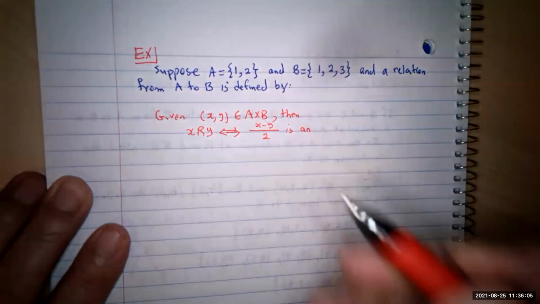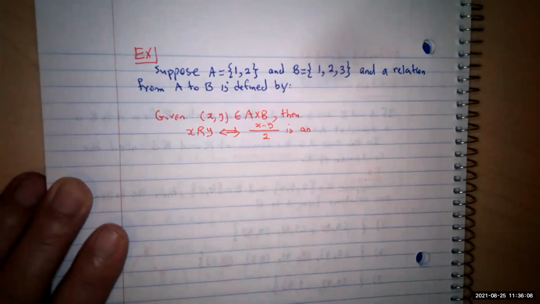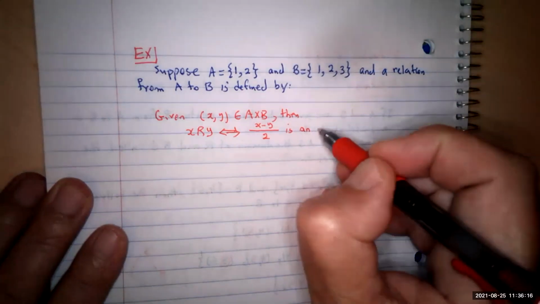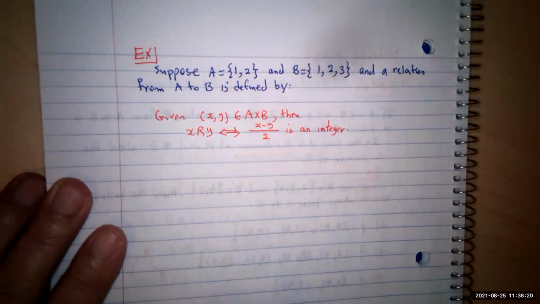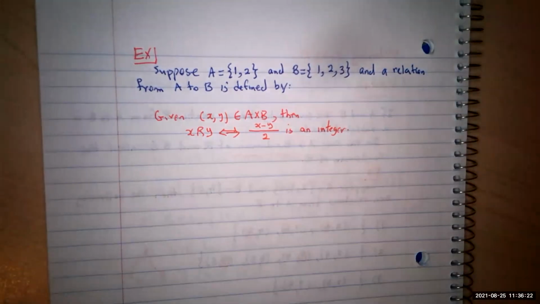This means X minus Y must be an even number, you know that. If it's an even number, you can divide it by 2, and that gives you an integer. So X minus Y over 2 is an integer. The relation is not given to you directly. It's defined by this definition.